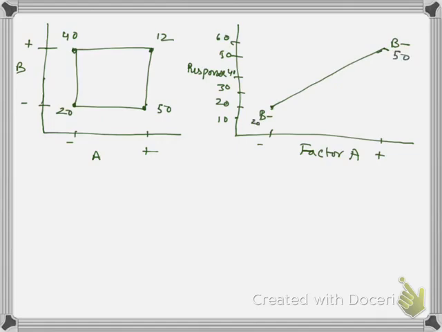When factor A is positive, B plus is 40 and 12, right? So 20 and 50. Now we have 40 and 12. So where is my 40? 40 is somewhere here. And 12 is somewhere here. Let's see. Sorry.